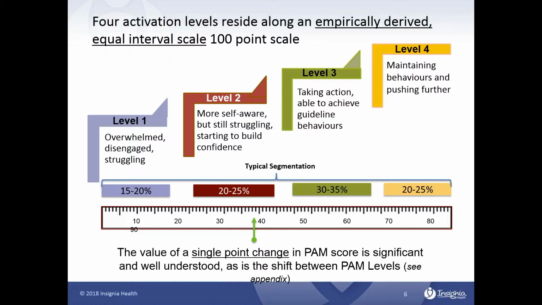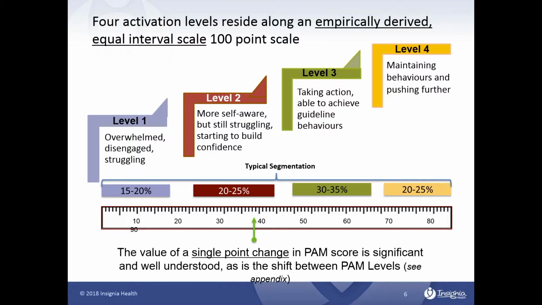Typically, a population would have about 40 to 45% of people who are lower activated in terms of managing their chronic conditions, and about 50 to 55% of the population would be higher activated. What we want to know, obviously, is where everybody is on that journey, but you will see that there's real leverage to be gained by working with those who are lower activated.